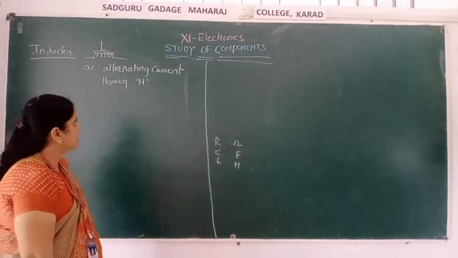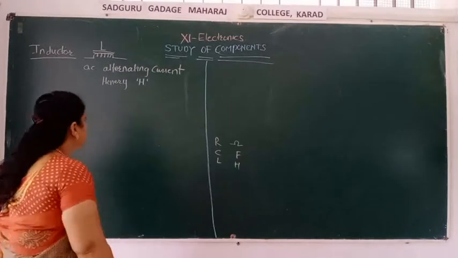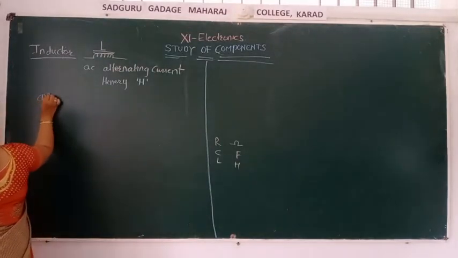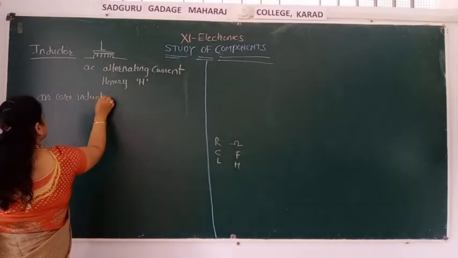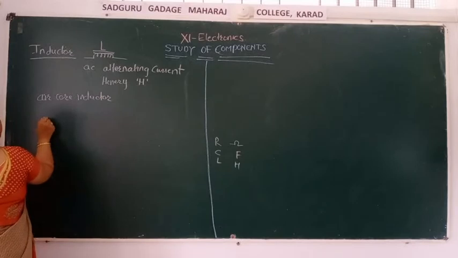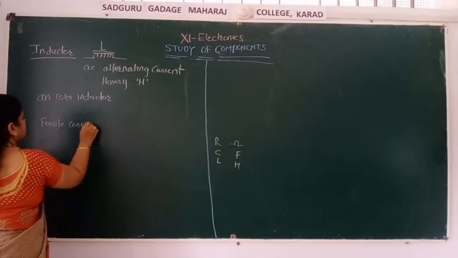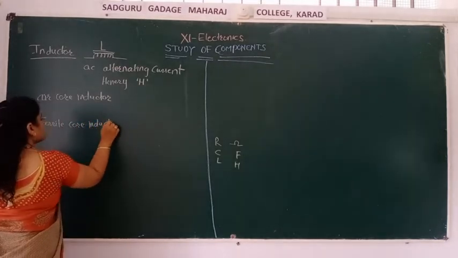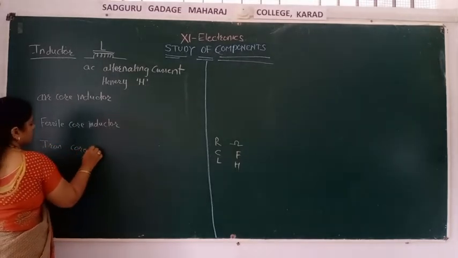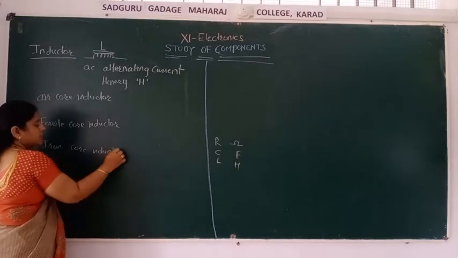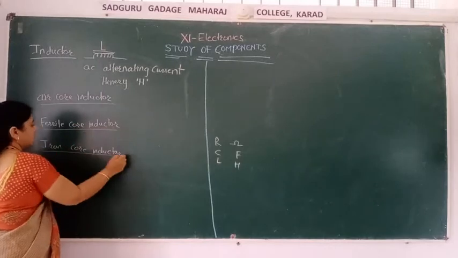The inductor is made up of three types: air core inductor, ferrite core inductor, and iron core inductor.